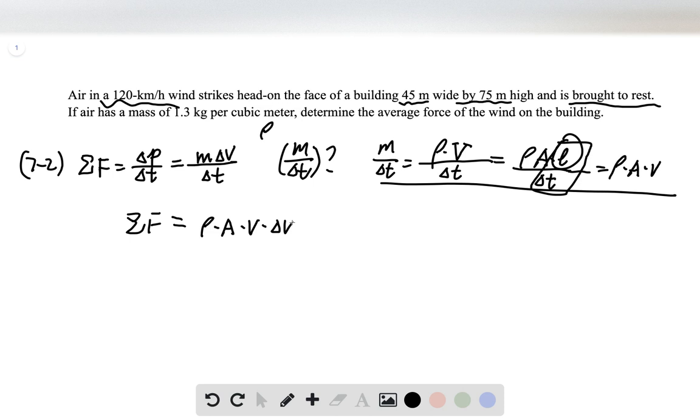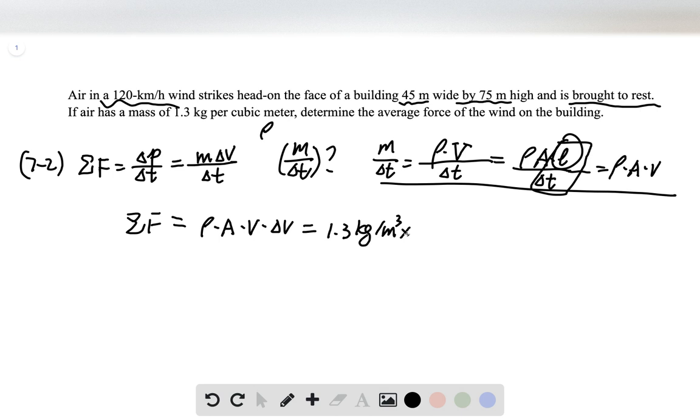And okay, so let us try to figure out what is V in SI units, because right now we have kilometers per hour, which is different from the SI unit we want, because we want meters per second. So rho is 1.3 kilograms per cubic meter.